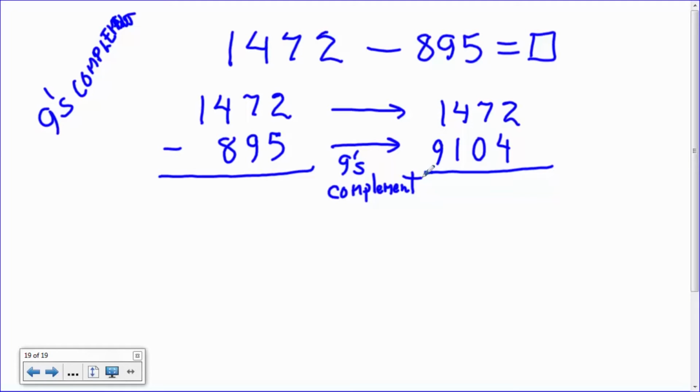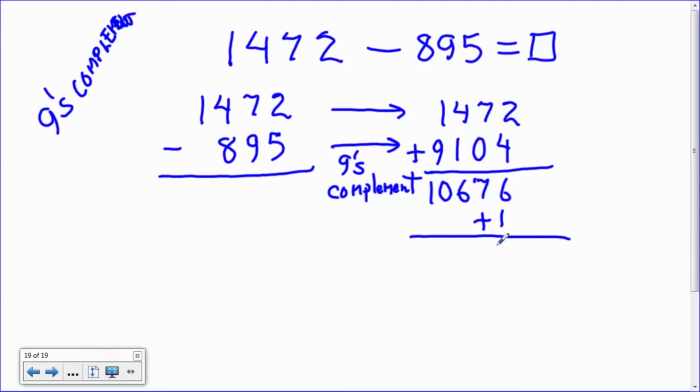And now, remember, we were changing the subtraction problem to an addition problem. So this becomes what? 10,576. And then from out of nowhere, we're told to add 1 to this. So out of nowhere, we add 1 to this.